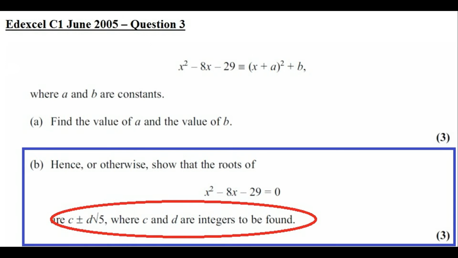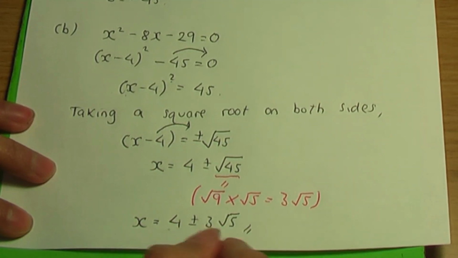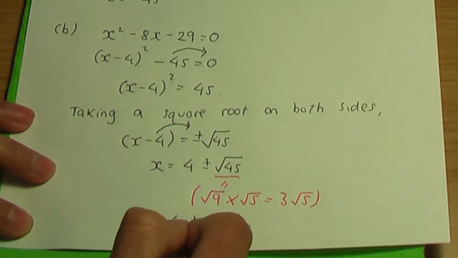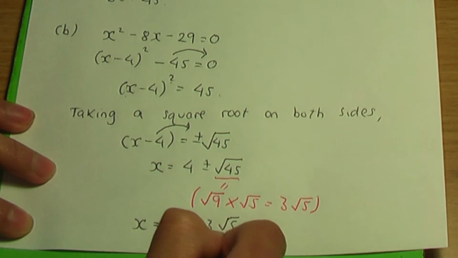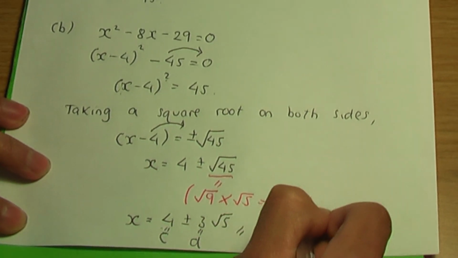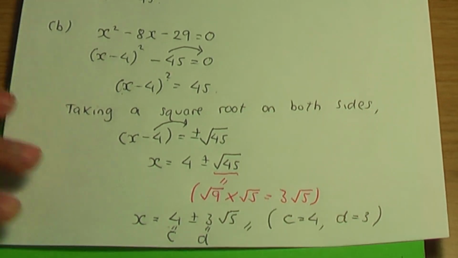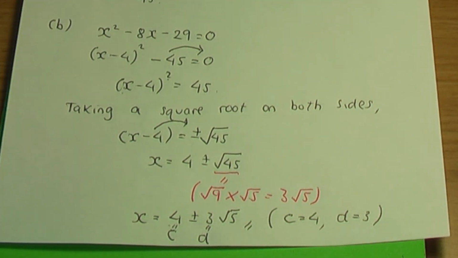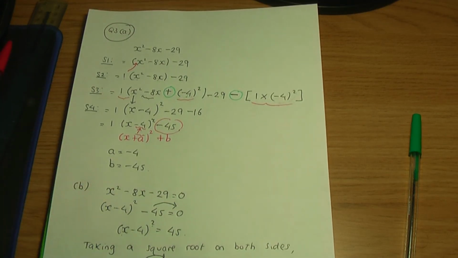So if we go back to the paper and pen, we have written our solution in that form. So in this case the c value is 4, as for d, the d value is 3. So c is equal to 4, d is equal to 3 in this case. And that completes part B, and that also completes the entire question.